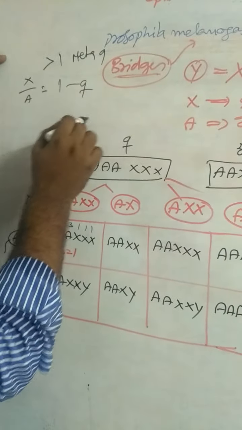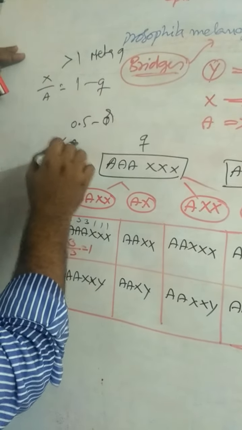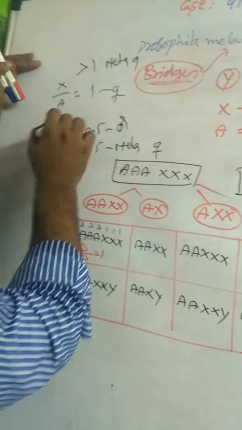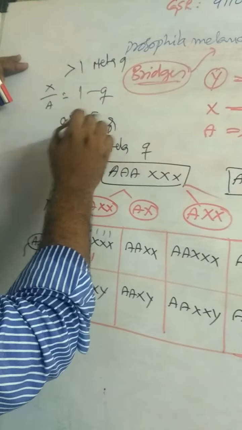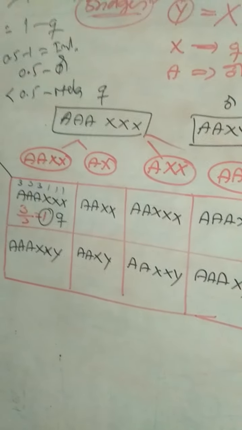Equal to 0.5, male. Less than 0.5, meta-male. Between 0.5 and 1, that is intersex. This is the basic table. So according to this table, if the X by A ratio is equal to 1, this is female.